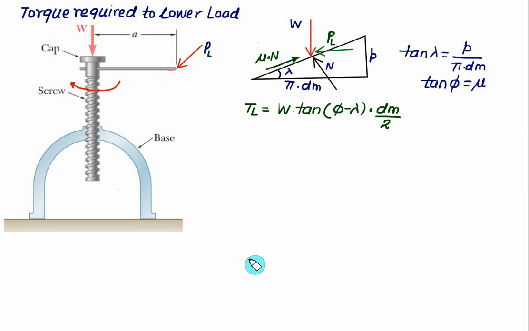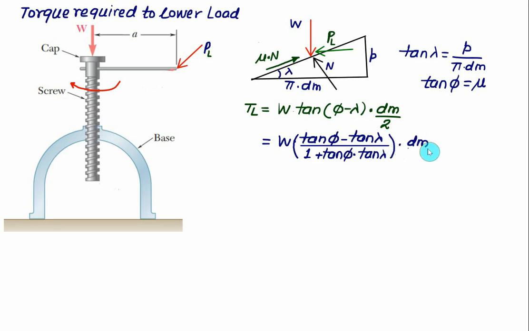The same concept of self-locking can be also explained on the basis of the circumference and the lead screw also. So we can expand here the term of tan of phi minus lambda. So we'll get here the torque required to lower down the load is equal to W into tan of phi minus tan of lambda divided by 1 plus tan of phi into tan of lambda, further multiplied by dm divided by 2.